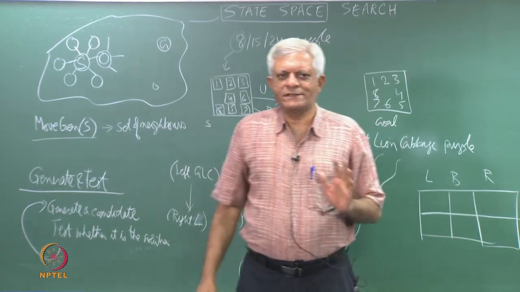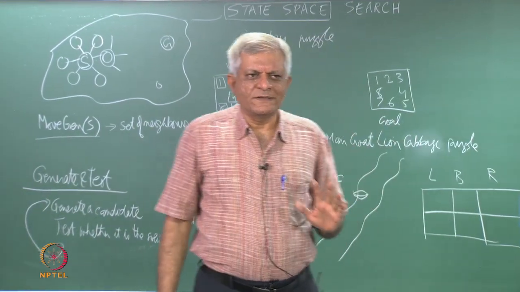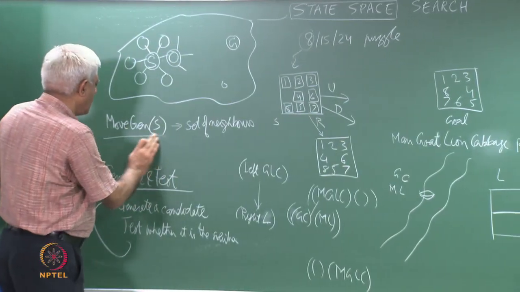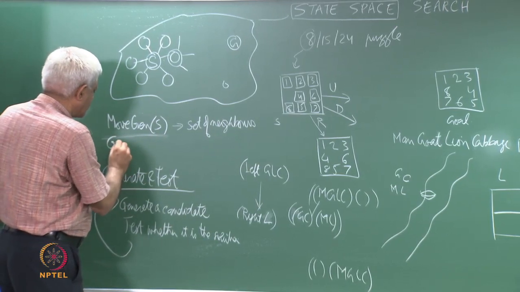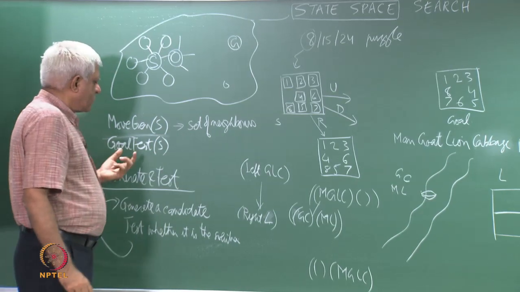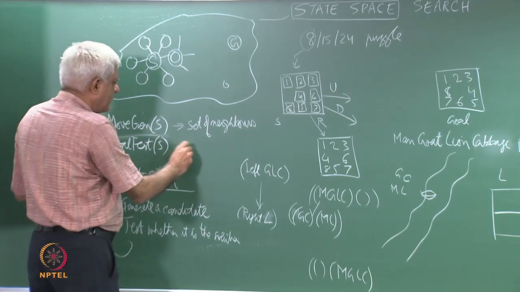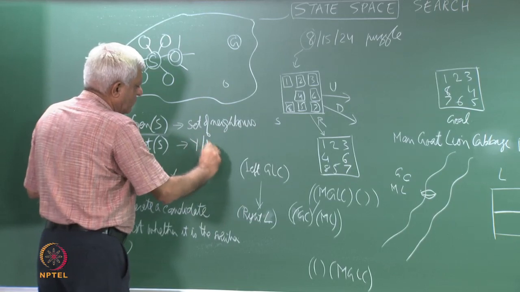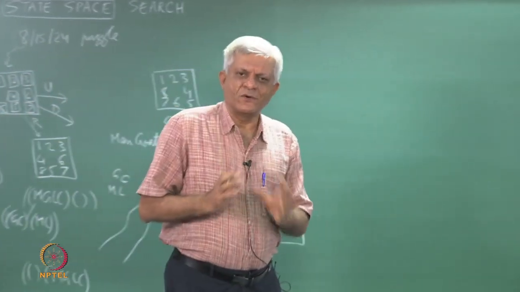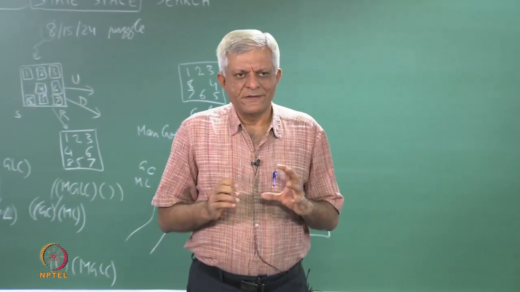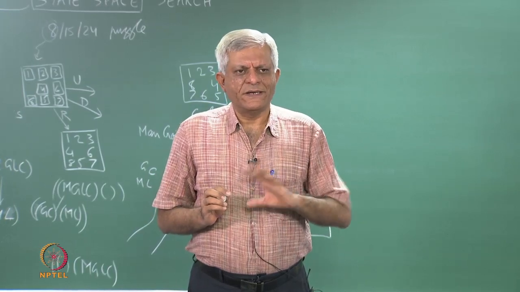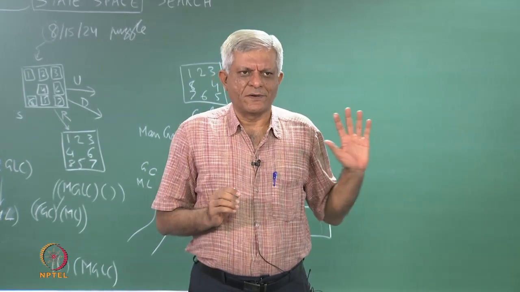How do we see whether we are in the goal state or not? We need another domain function, and that domain function we will call the goal test function. So, goal test will take a state as an input and output either yes or no. It will tell me whether the state that I am looking at is a goal state or not a goal state. These are the only 2 functions I need which need to know anything about the domain at all.